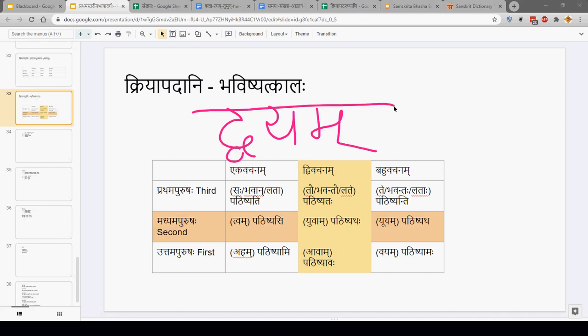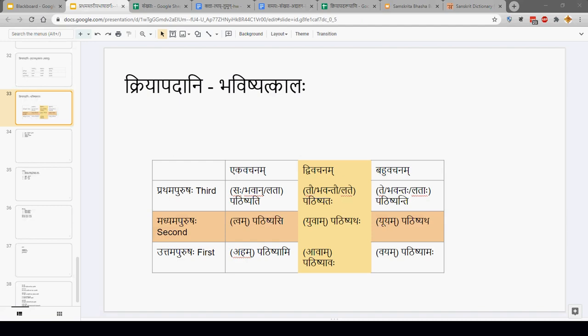So Dvayam is attached to a Nama Padam. For example, if there are two boys who are going, we can use the Dvivachana Kriya Padam and Dvivachana Nama Pada form, looking at the Vibhakti table, and use all this.